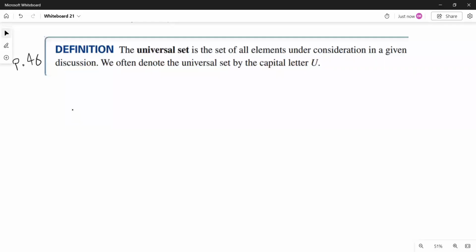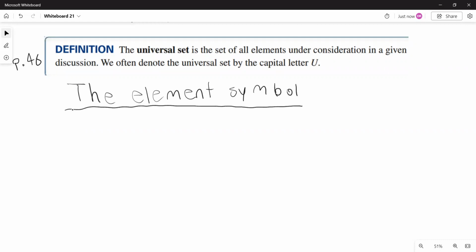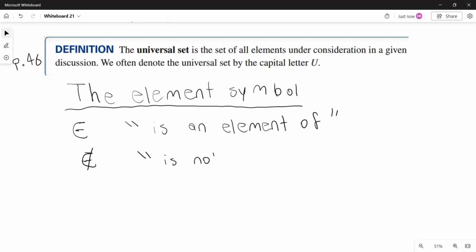So this symbol is the element symbol, and stands for "is an element of." If we cross it, that means that something is not an element of a set. So that stands for "is not an element of."